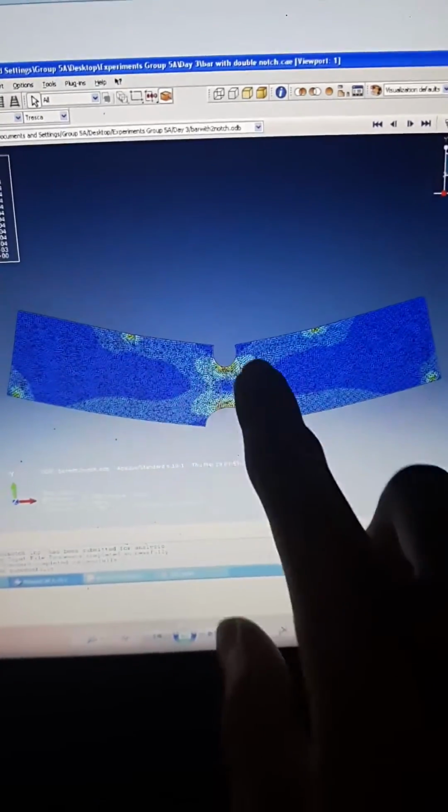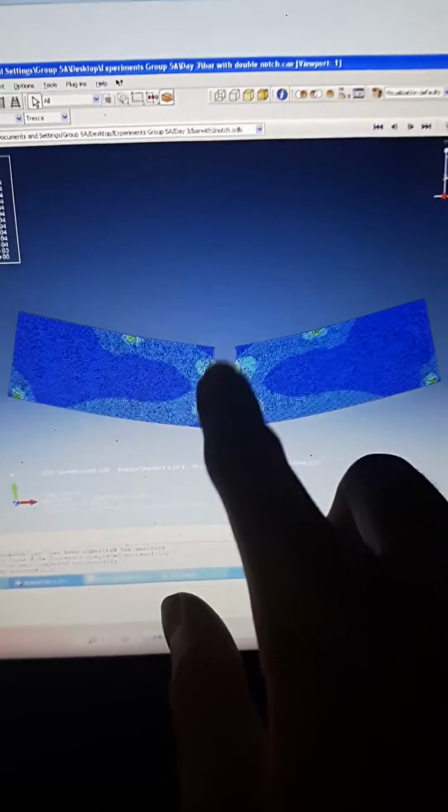And this is the CFD for the specimen. As we can see, here is the part that has the highest value.